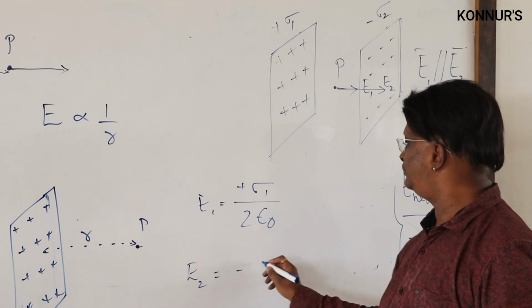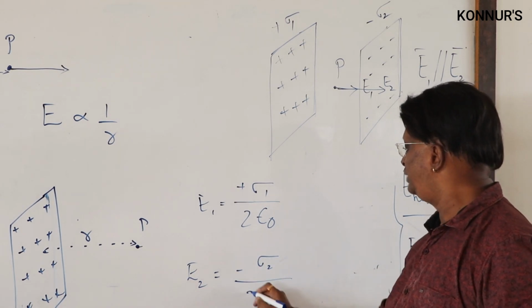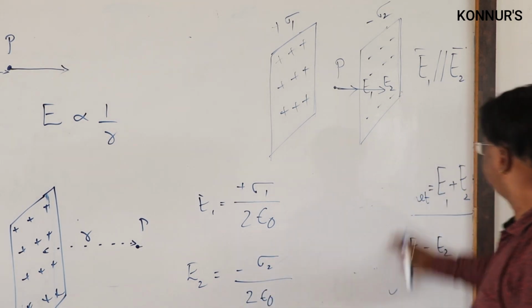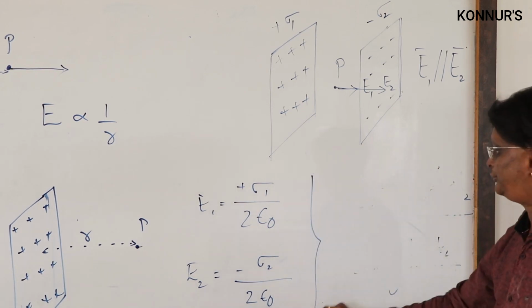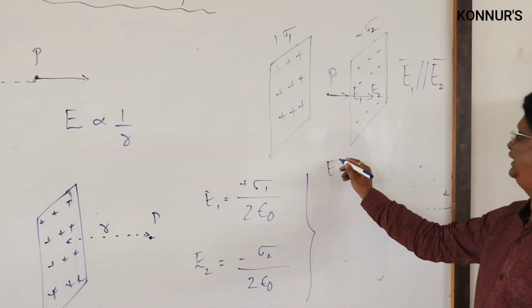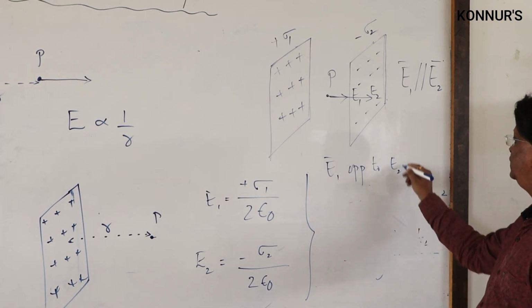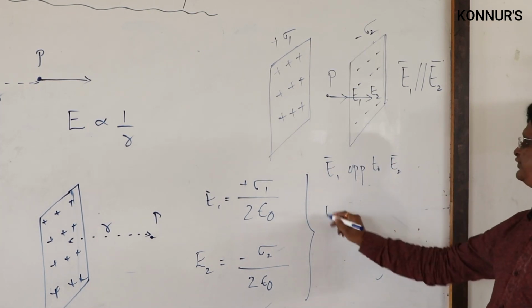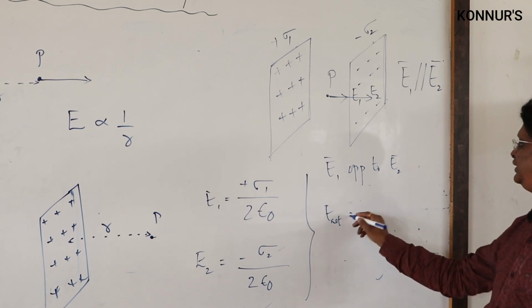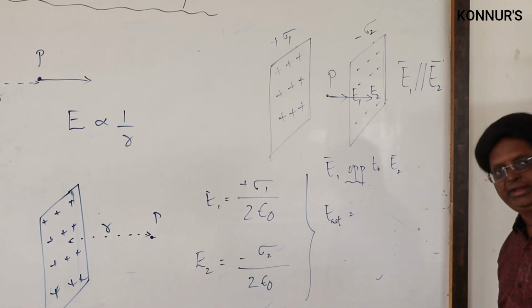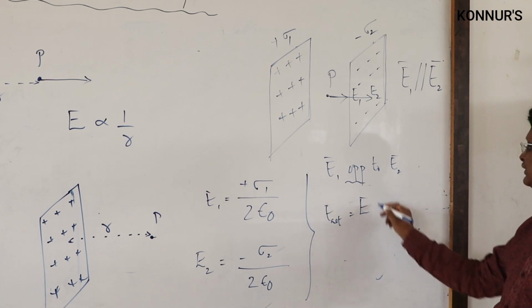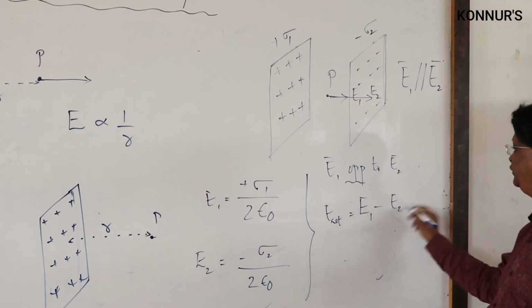Suppose E2 is minus sigma 2 by 2 epsilon naught. Okay. Now suppose they are anti-parallel, E1 bar opposite to E2 bar. In this case, what is the net intensity? Because of this opposite direction, you will get it as E1 minus E2.